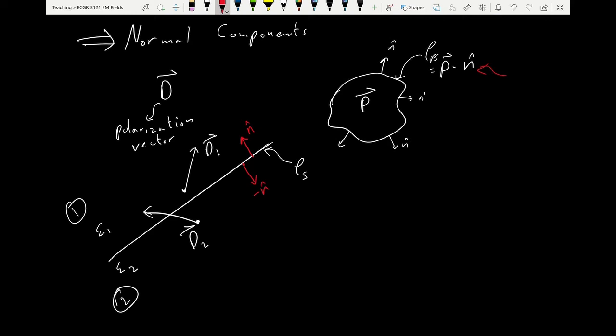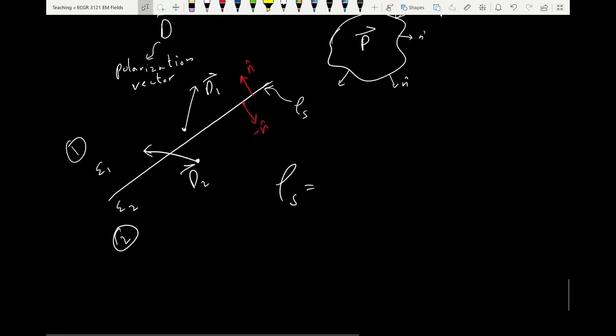Okay. And now I ask myself the question, what is the total charge on the interface? Right? So this is total surface charge density on the interface. Well, this total charge density is the polarization surface charge density due to material 2.